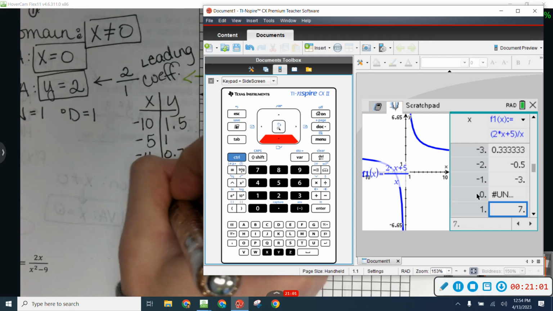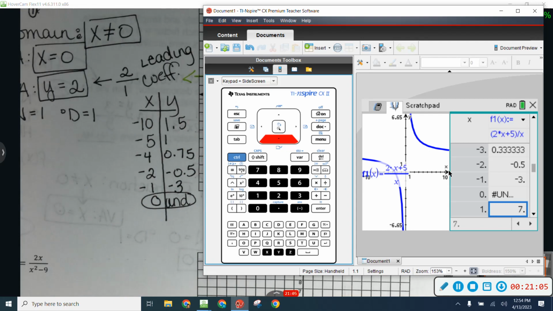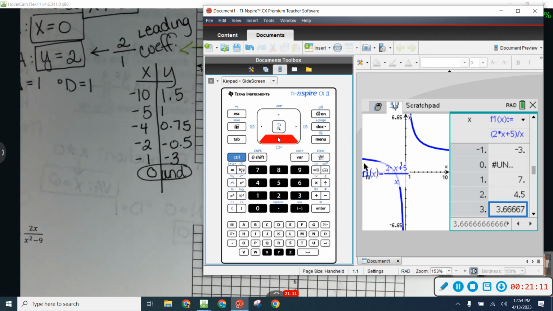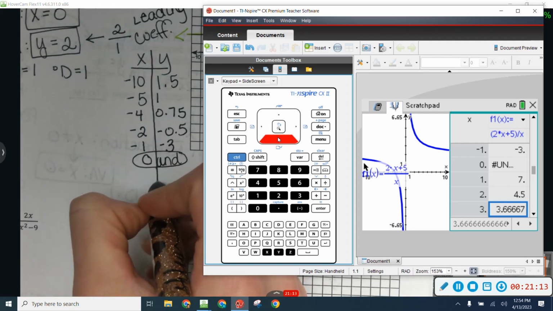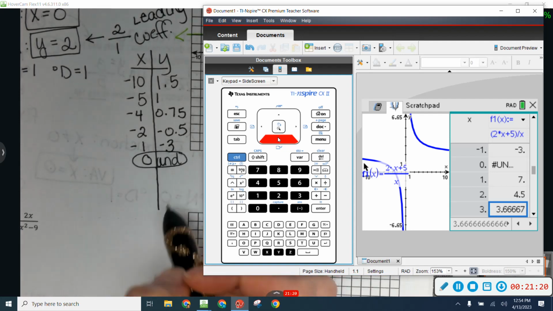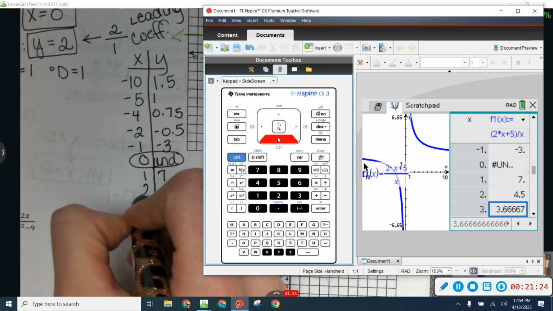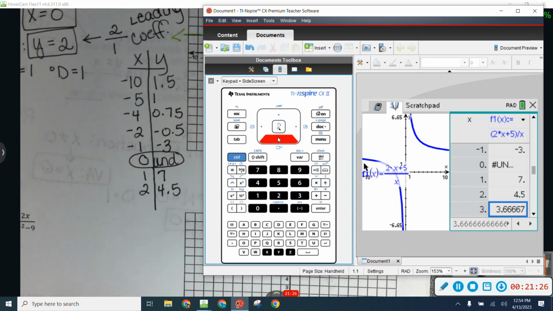We're still going to put that in our table, and then we're going to keep going. So that means that it's going to break right there, and then if you run out of space, just continue the table, just build another table if you're out of space. 1, 7, 2, 4.5.